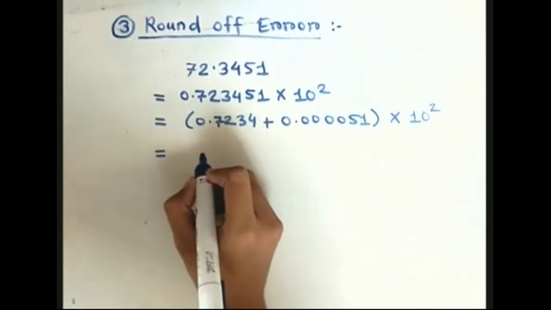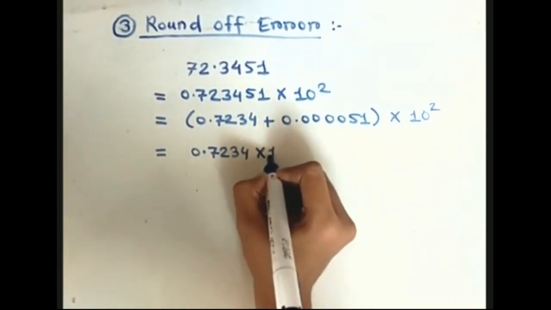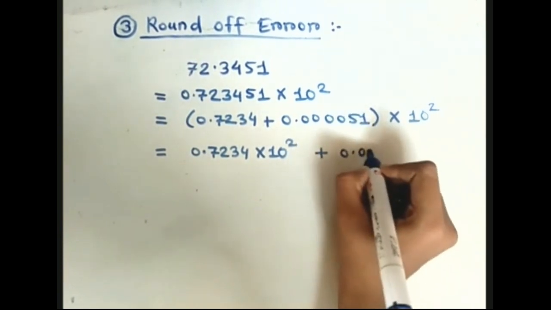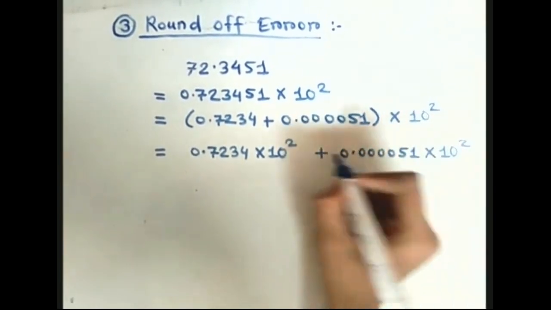This can be represented by 0.7334 into 10 to the power 2 plus 0.00051 into 10 to the power 2.